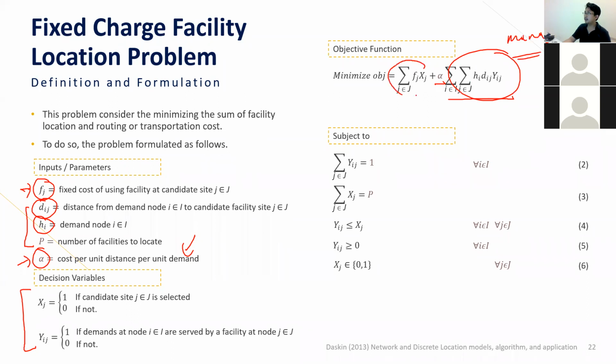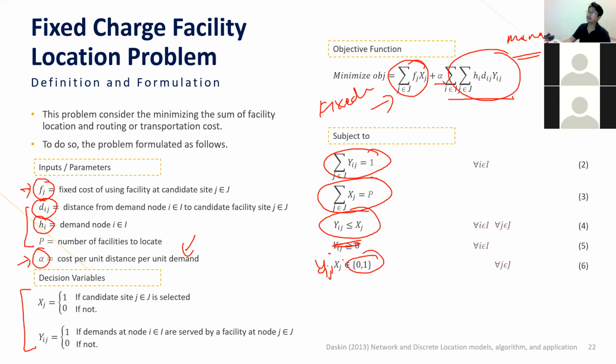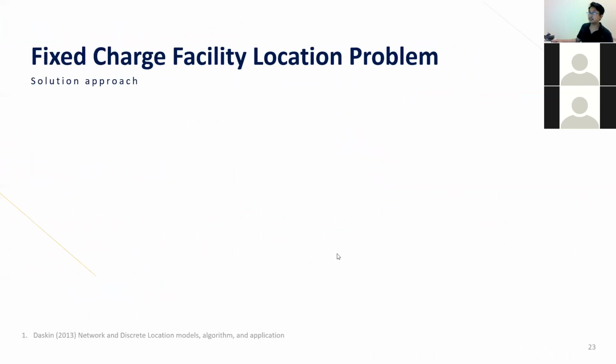And then this one is from the set covering problem that represents the fixed cost of allocating a facility. Okay, and the rest, this one, this one, this one, is equal to the constraints that we use in the p-median problem. Okay, and sorry, this should be yij is an element of 0 or 1. Okay, yep, that is the fixed charge facility location problem.